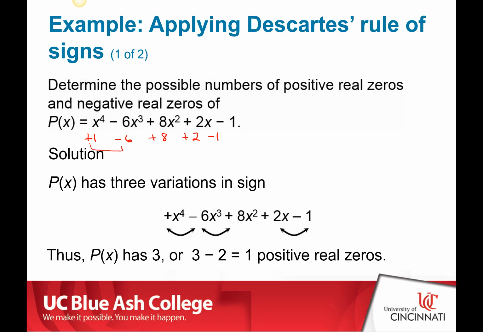That's 1. We go from negative 6 to positive 8. That's a change in sign. That's 2. We go from positive 8 to positive 2. Is that a change in sign? No. So we're still at 2. You go from positive 2 to negative 1. So that's a 3. A third sign change. Sneaky?